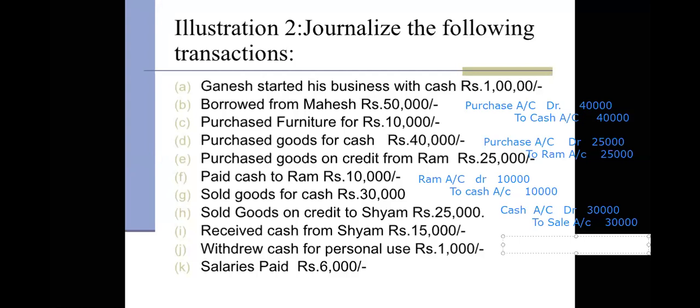Okay, so the same transaction H, but with a certain difference कि आपकी G एंट्री थी, that was goods sold for cash. तो जब कैश पे है then you have no issue, simply you are writing cash account to sales account. बट अगर आपने कुछ सेल किया है and you are not getting cash, that means you have to write the name of the person to whom you are supposed to take that money back.